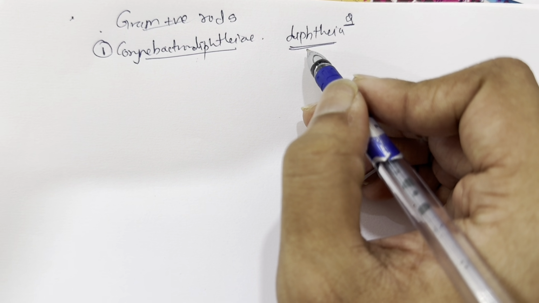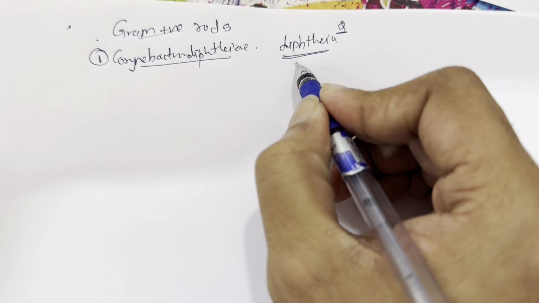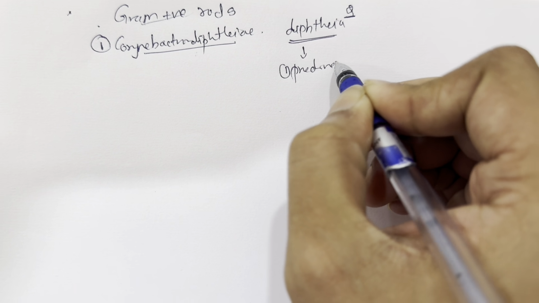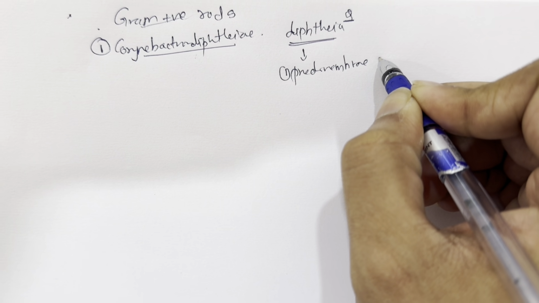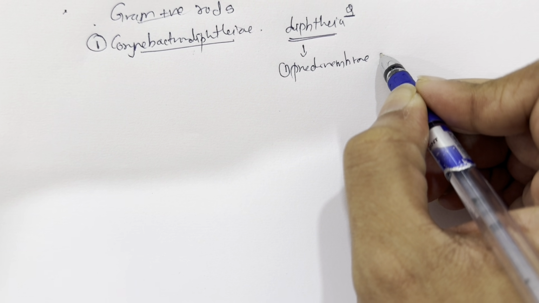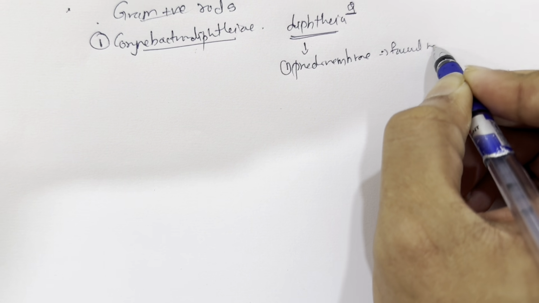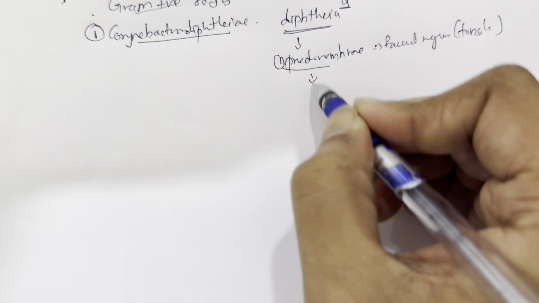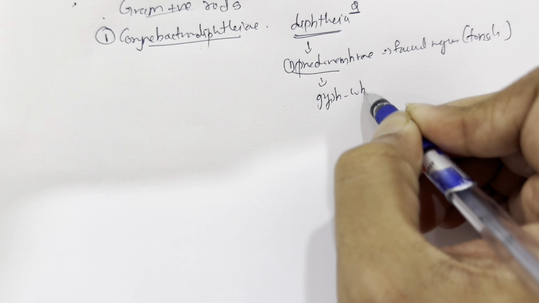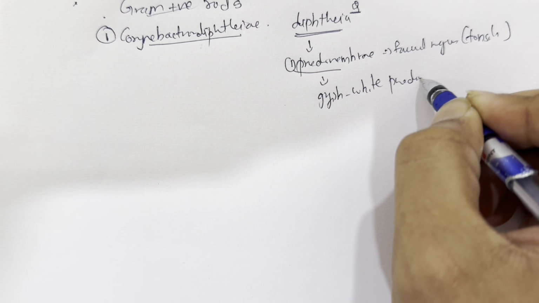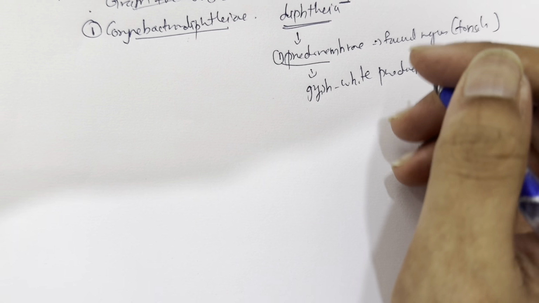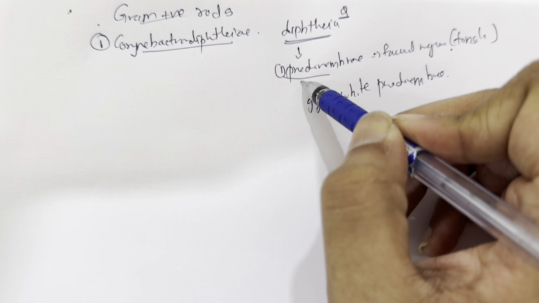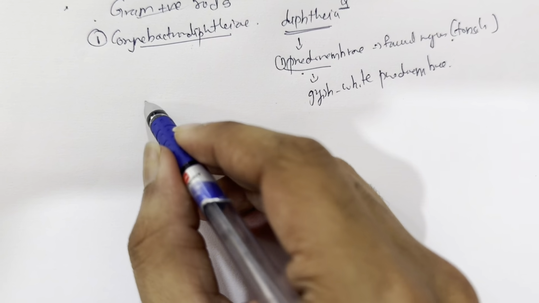Talking about diphtheria, the pseudomembrane is very important. The pseudomembrane is found in the focal region, which is on the tonsils, and it is a grayish white pseudomembrane. So when I see a grayish white pseudomembrane on tonsils, you should suspect diphtheria in the patient.